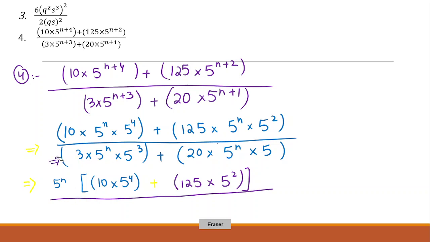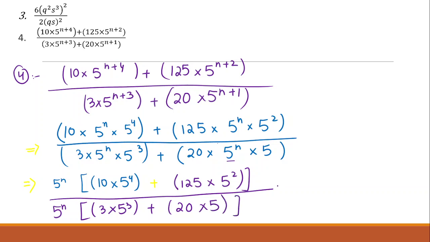In this case, we will similarly take 5 to the power n common, because in both this term and this term, 5 to the power n is common. So we can take it out like this: 5 to the power n, square bracket, 3 multiplied by 5 to the power 3 plus 20 multiplied by 5. Now these two 5 to the power n, one is divided by the other 5 to the power n, so we can cancel them.